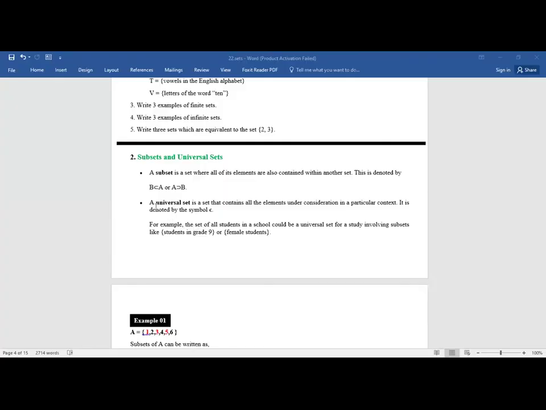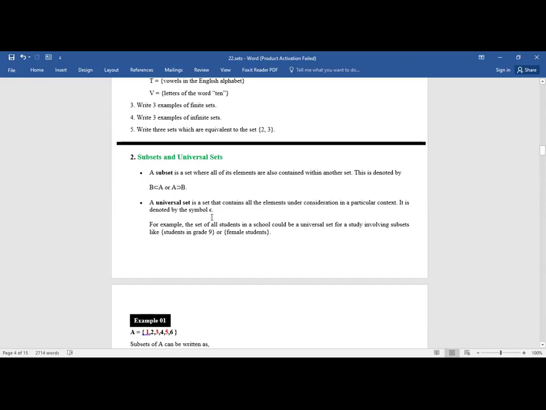Right. So what is a universal set? A universal set is a set that contains all the elements under consideration in a particular context, right?